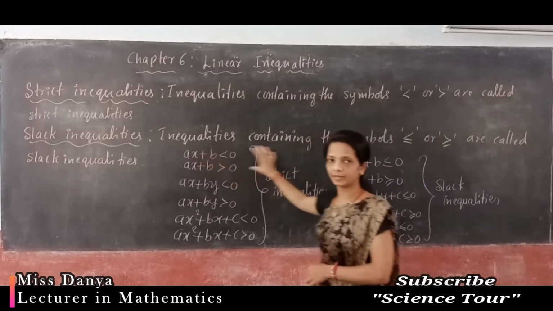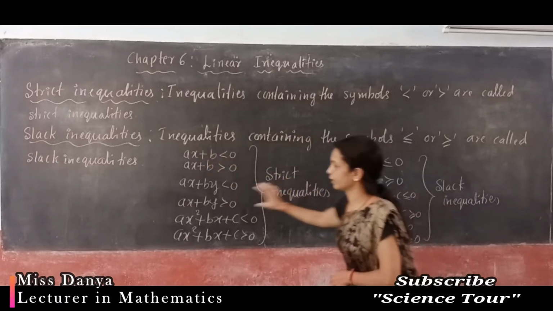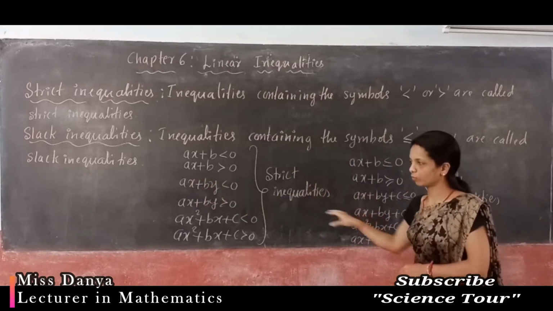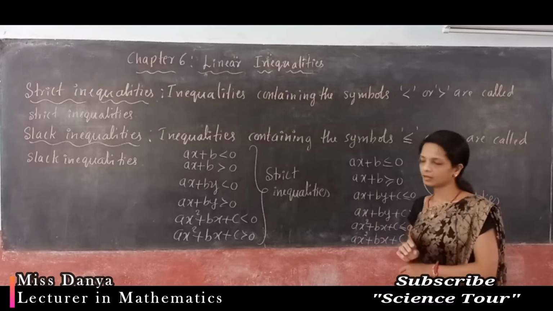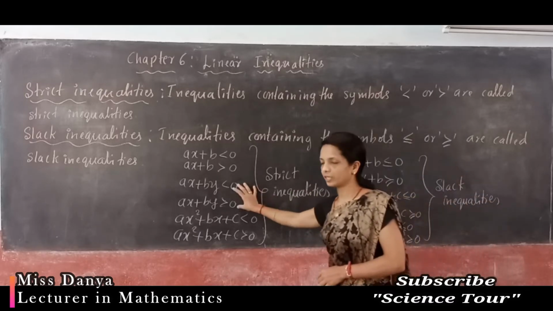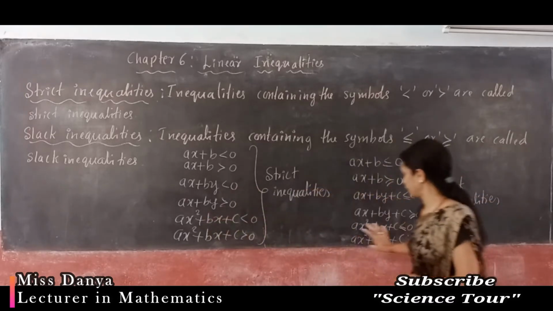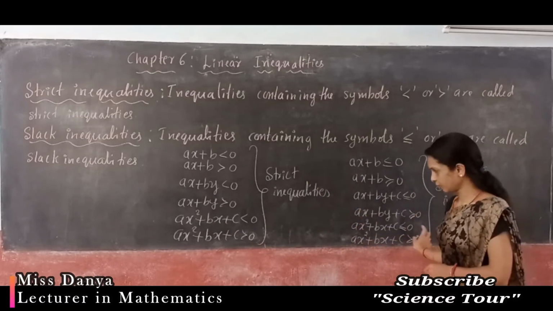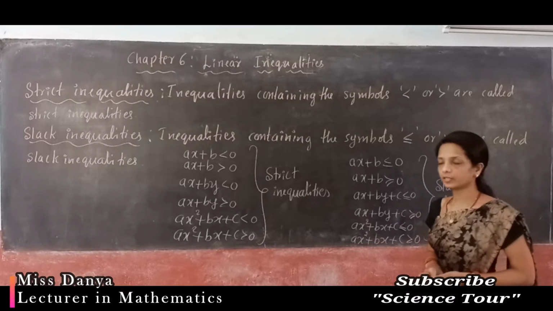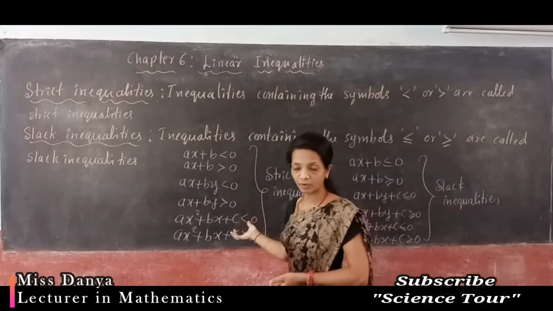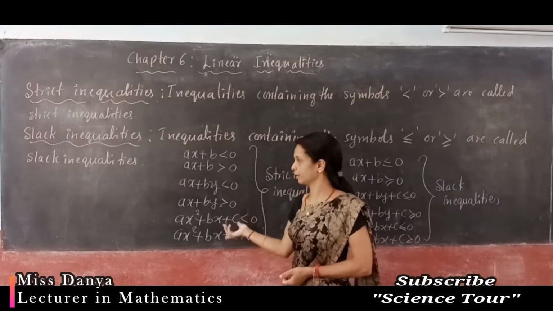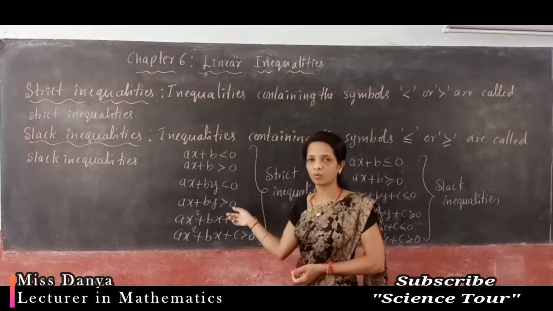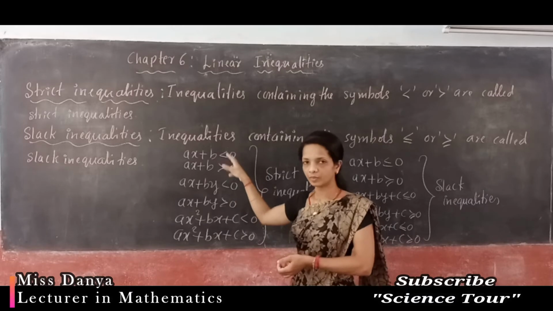The third and fourth are in linear inequalities in two variables, and the fifth and sixth are in quadratic inequalities in one variable. You already wrote them, no need to write that again. You just give a number to all those inequalities, and you can write that here.